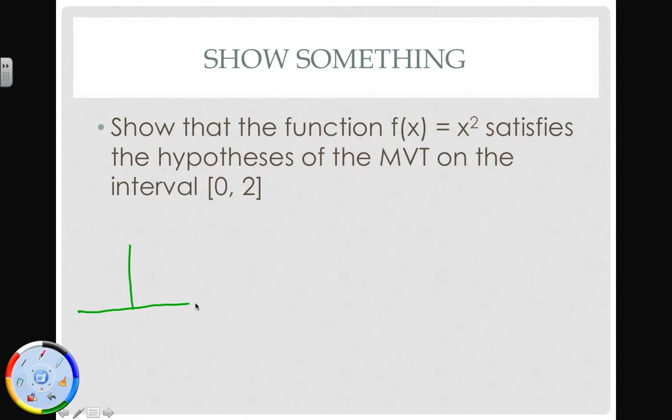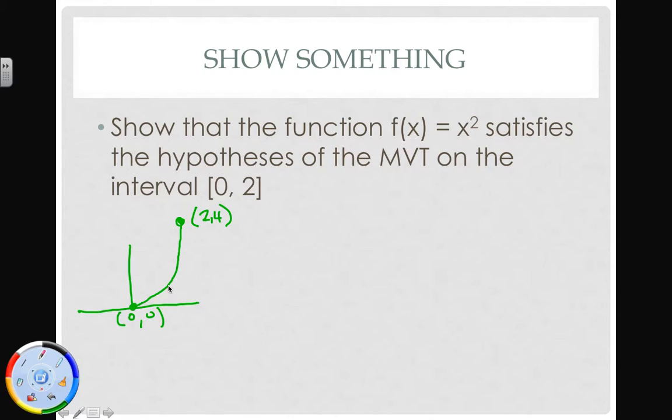Okay, so we have our xy axes, we have 0, 0, and a beautiful quadratic here at 2, 4, and the point 0, 0. And we basically want to see if this is still true. Is there some point on here?